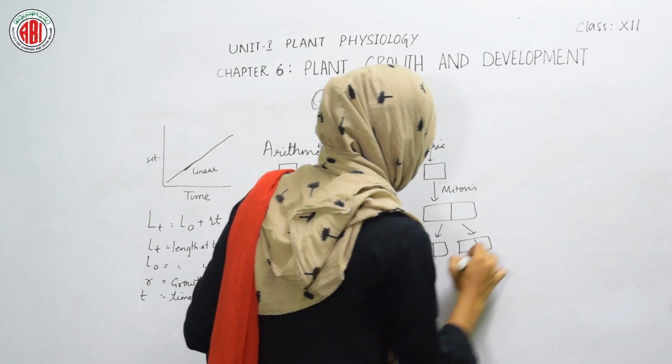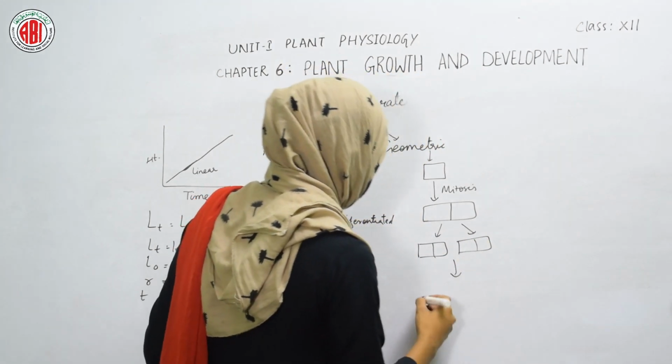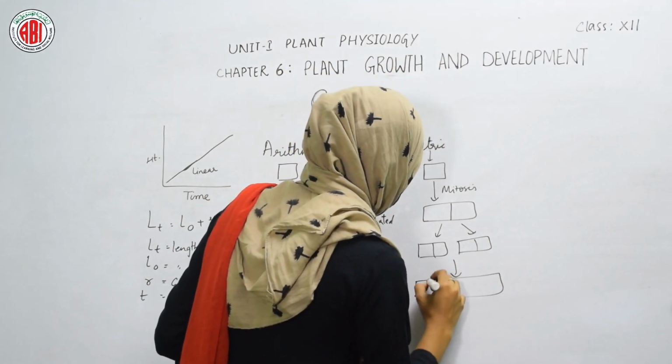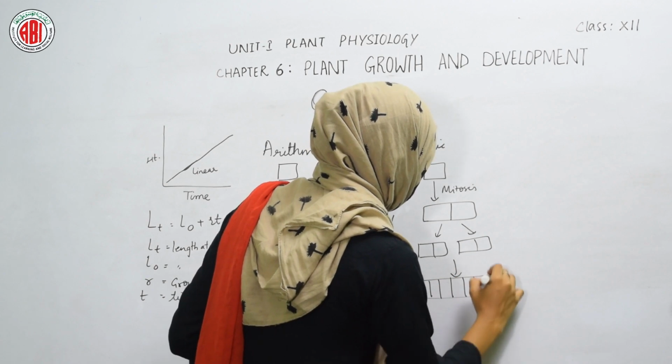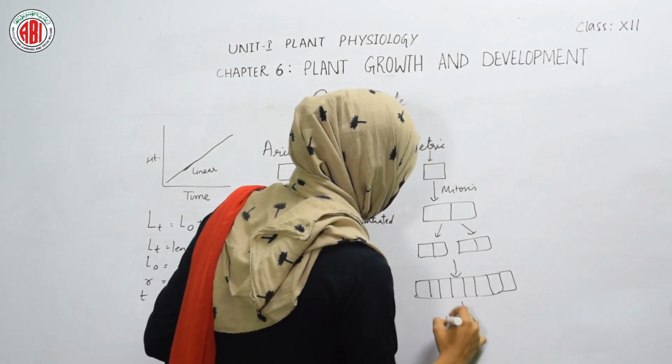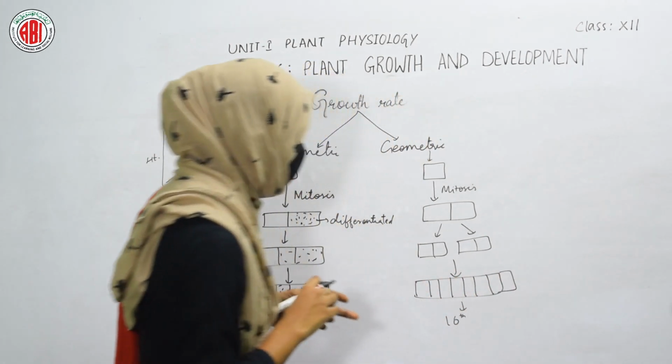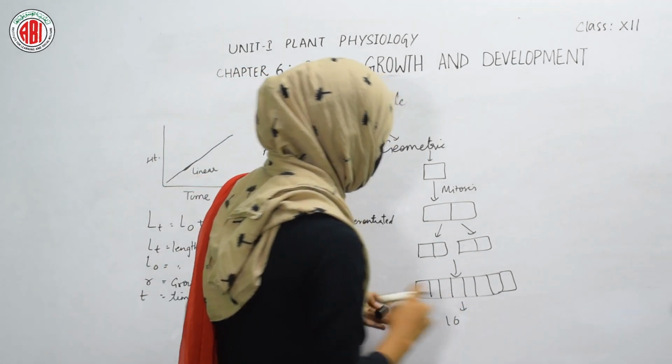Then these four daughter cells, when they undergo mitotic division, result in the formation of 8 daughter cells, and when these 8 undergo division, they form 16 daughter cells.